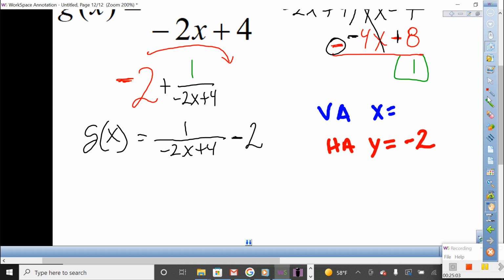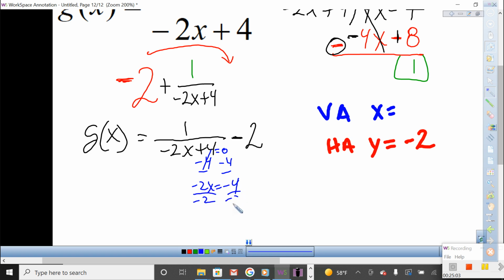So what did we say we do when we have something like that? We set it equal to 0 and we solve. So therefore, minus 4 minus 4, negative 2x equals negative 4, divide by negative 2, x equals 2. So my vertical asymptote is positive 2.